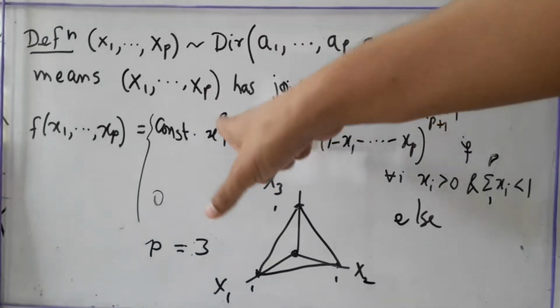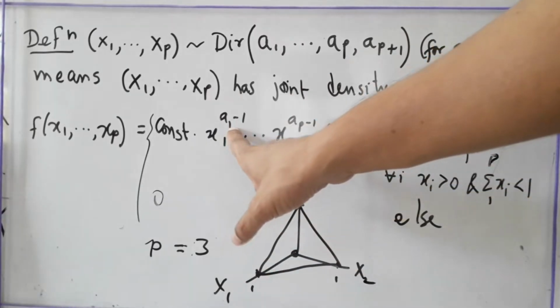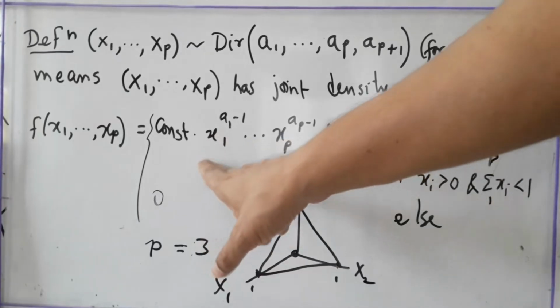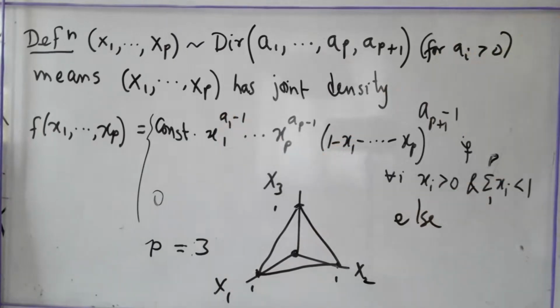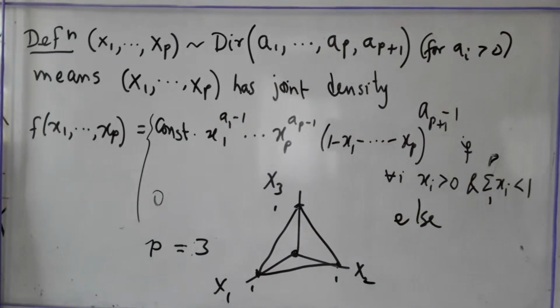However, if at least one ai is less than 1, then that corresponding exponent will become negative. So as, for example, xi comes arbitrarily close to 0, this will shoot up towards infinity. In that case it will be an unbounded function and one needs to apply suitable checks.